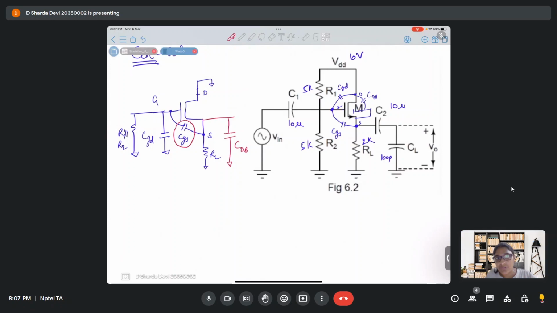Source and body are shorted, but we are connecting CDB. ये अब ऐसा हो गया ना कि source and body एक ही terminal हो गया है because they are shorted. They have the same potentials, conditions are the same for source and body. तो जो भी बॉडी से कनेक्ट हो रहा है वो अल्टीमेटली सोर्स से कनेक्ट हो रहा है, राइट?